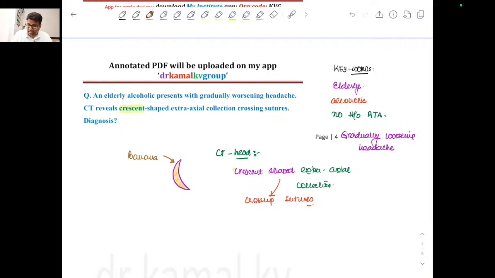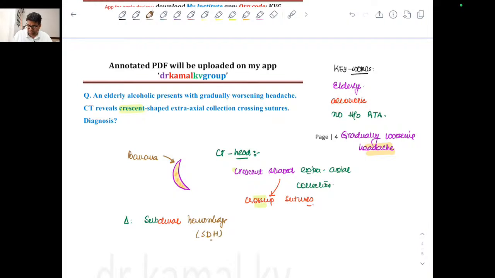So in an elderly alcoholic patient who is coming with gradually worsening headache, and if we see a crescentic hyperdense lesion on CT scan of the head which can cross sutures, the answer will be subdural hemorrhage, right? So what will be the answer?